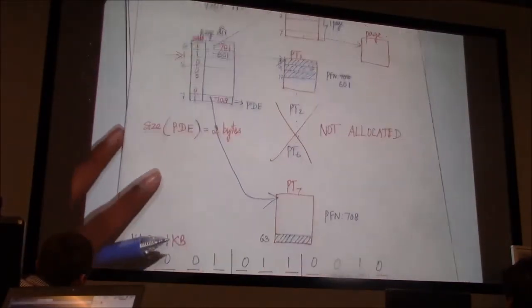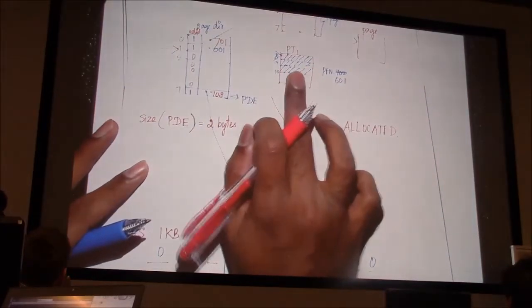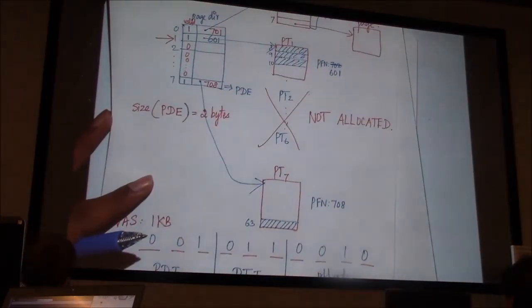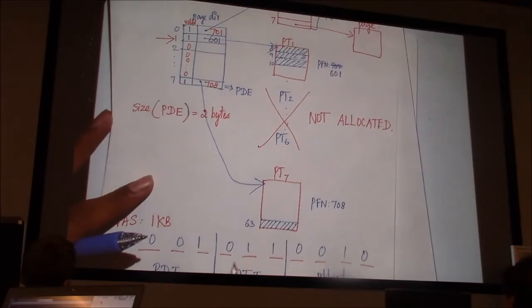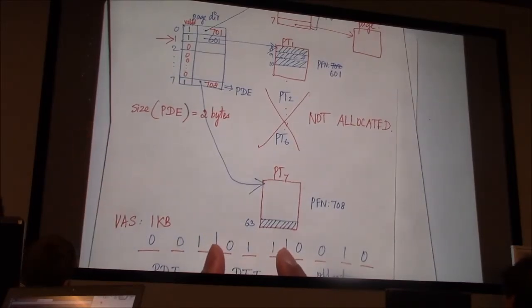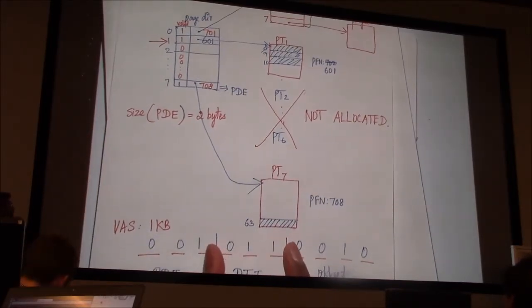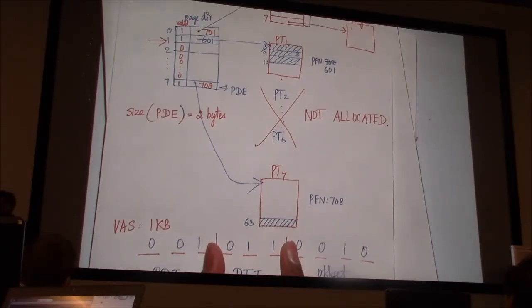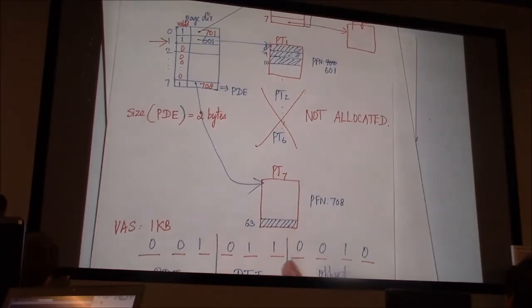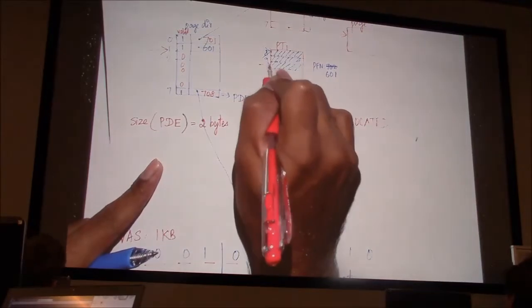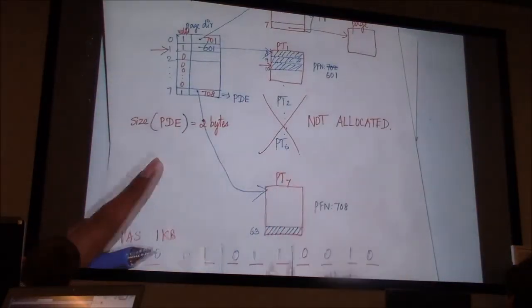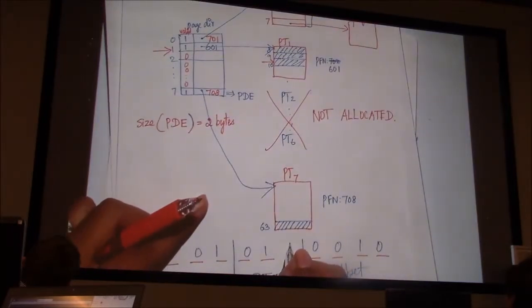And we know that it is pointing to some page table, and using this page table index we can easily find out what page table entry we are talking about. So here we say 3, right? 0, 1, 1 is 3. Actually, I thought maybe I will have it as 2, so that we have a valid page.